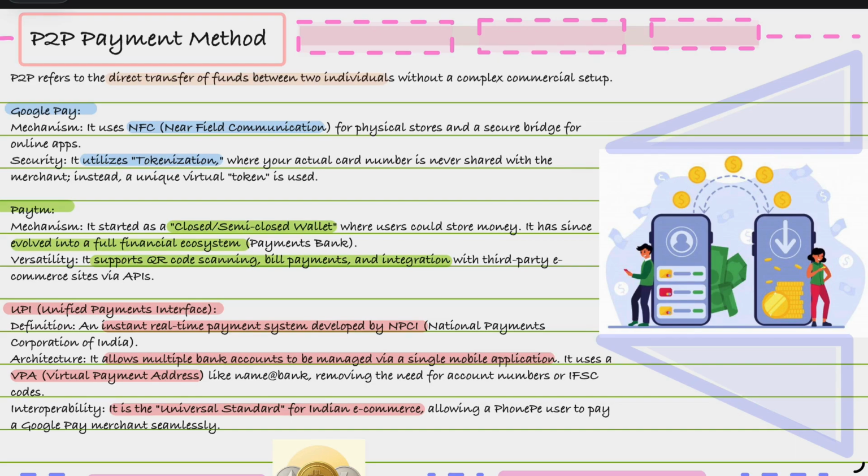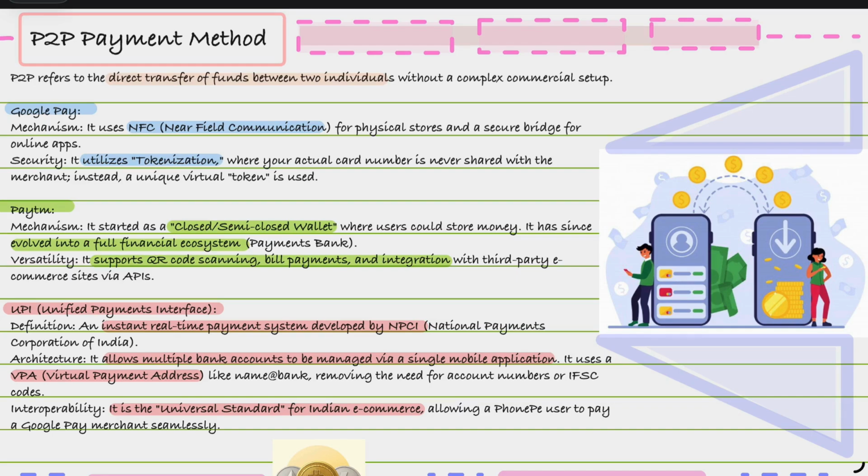There is a scanner that you scan, so there is near field communication. Your phone's camera is used as a scanner to read the barcode and grasp all the information inside it, and then you pay that particular person.